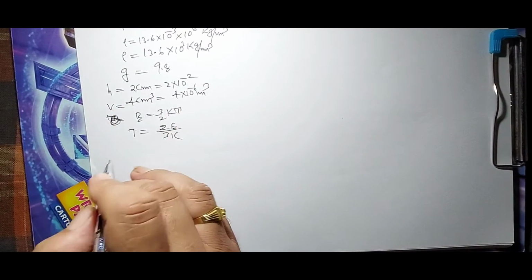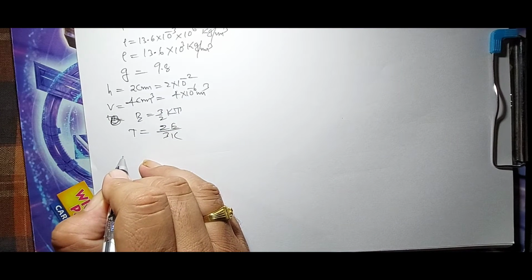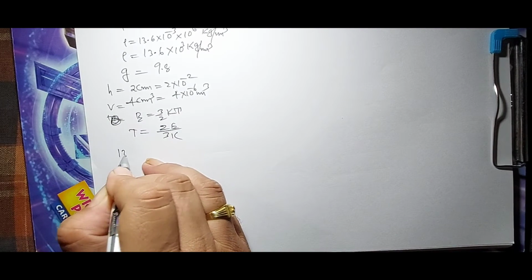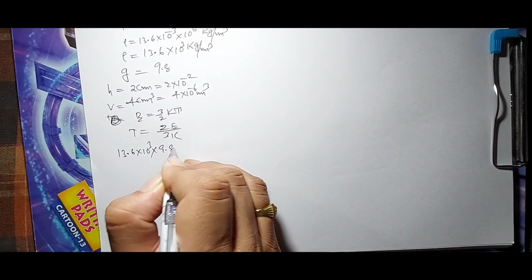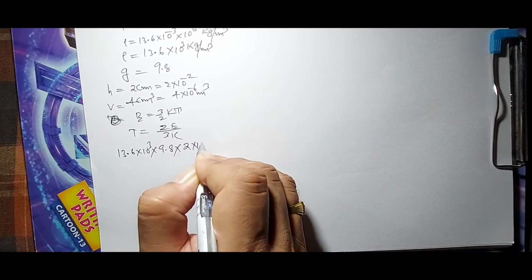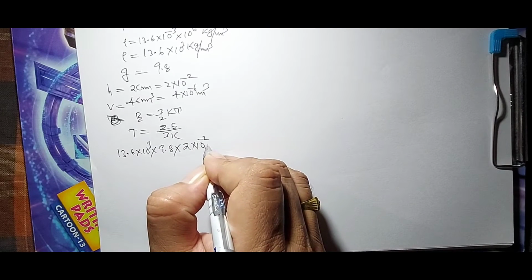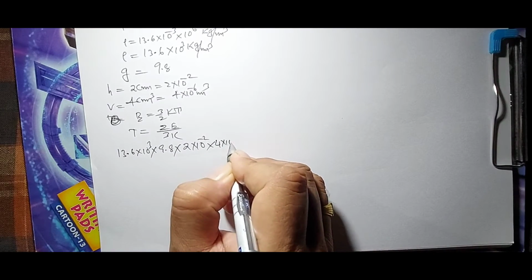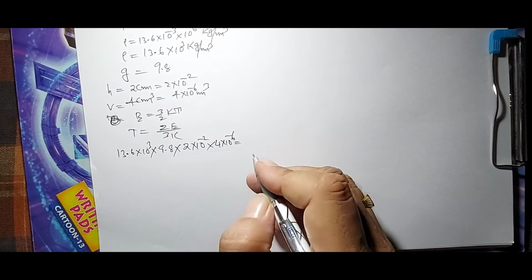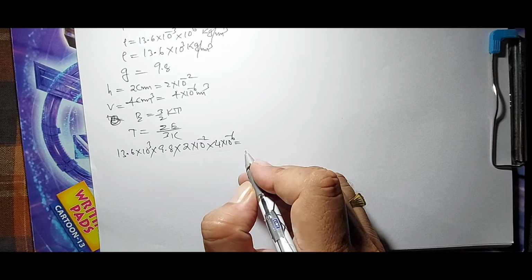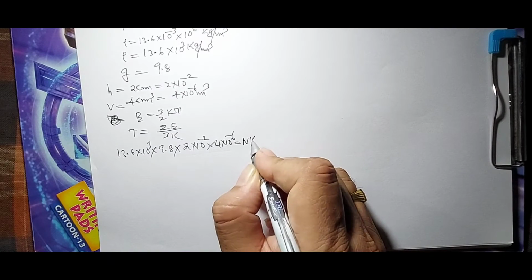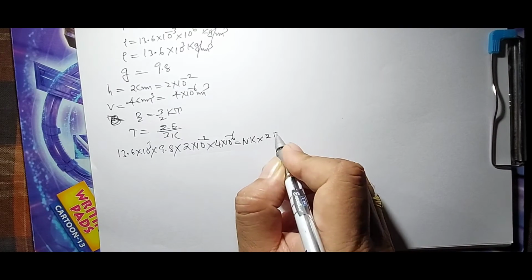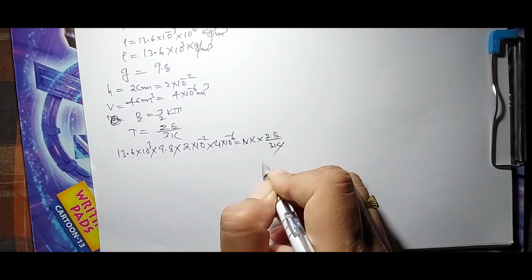Substitute these values in the above equation. So P is 13.6 × 10³, g is 9.8, h is 2 × 10⁻², V is 4 × 10⁻⁶, equal to N k T, where T is 2E/3k, and k cancels.